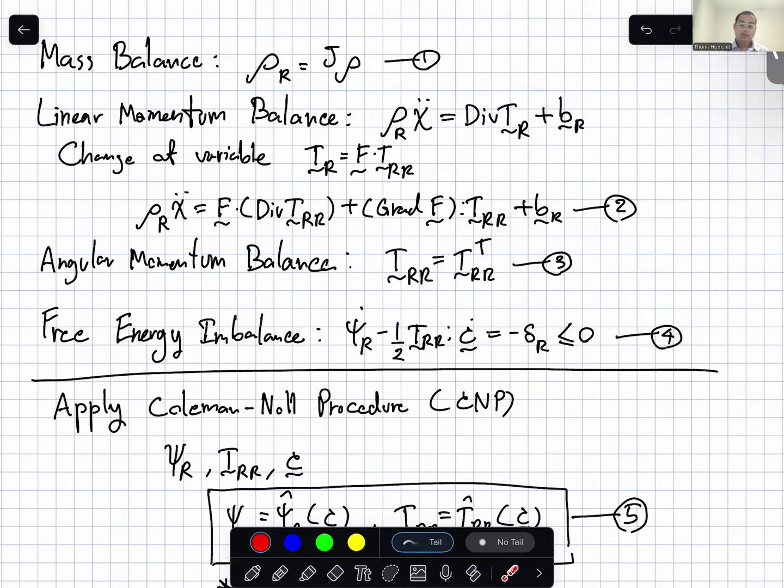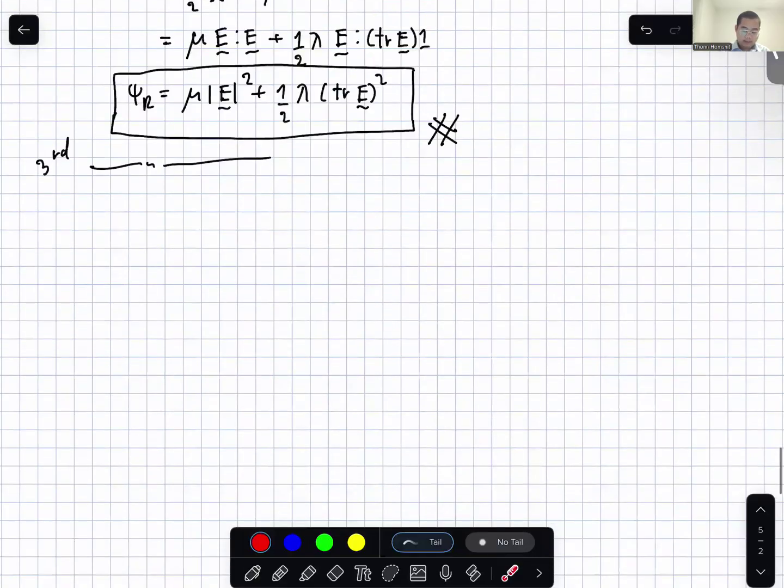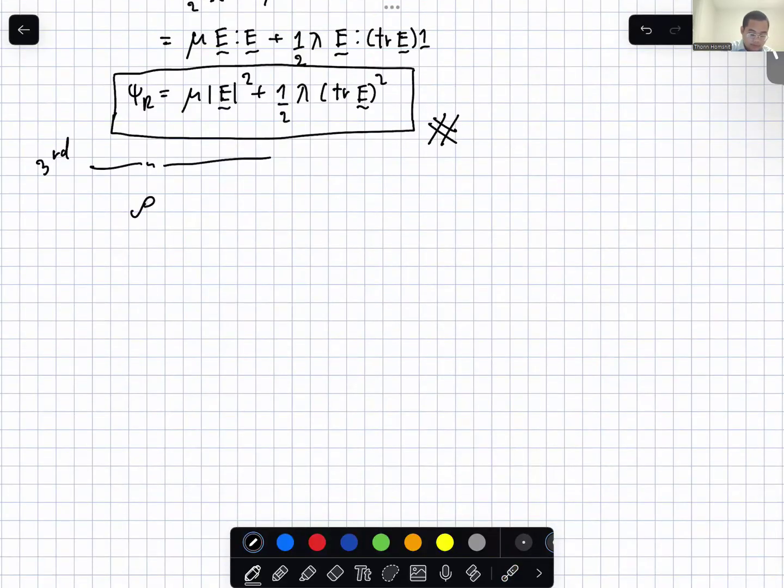But now we know that rho_R can be just rho, T_R can be just T, and b_R can be just b, right? So we can write it again. I just rewrite the whole thing first: rho times the acceleration equals the divergence of the first Piola-Kirchhoff stress plus the body force in the reference configuration.